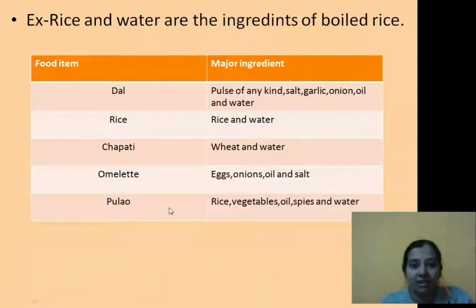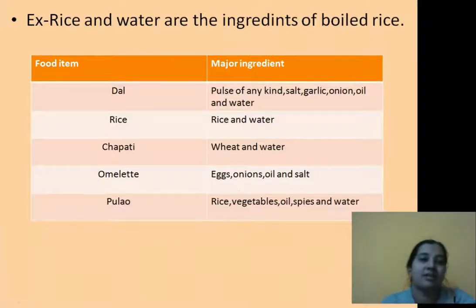Pulao, very favorite, huh? You need rice there. What do you need to make pulao? You need rice. Then you have vegetables, oil, spices and water. So that means to prepare a particular food type, you need all these ingredients. With the help of these ingredients, this particular food item is prepared.